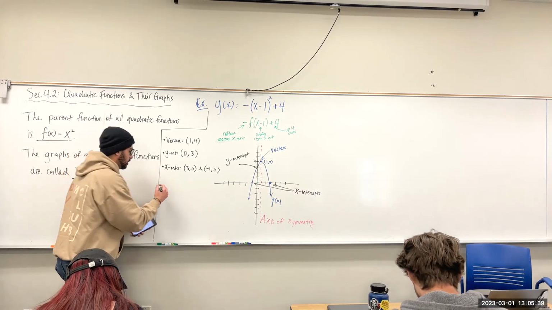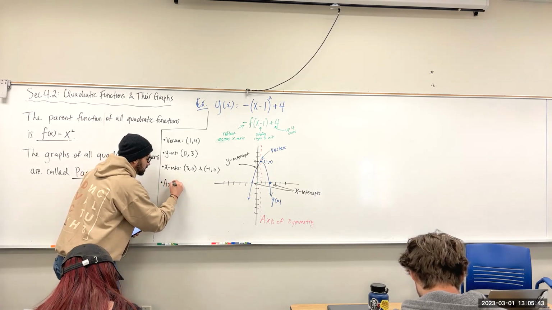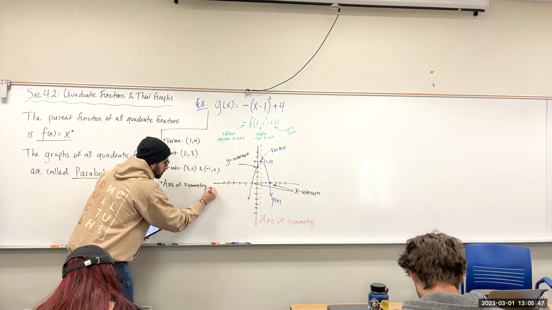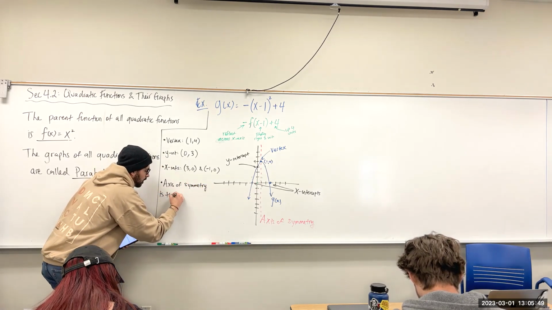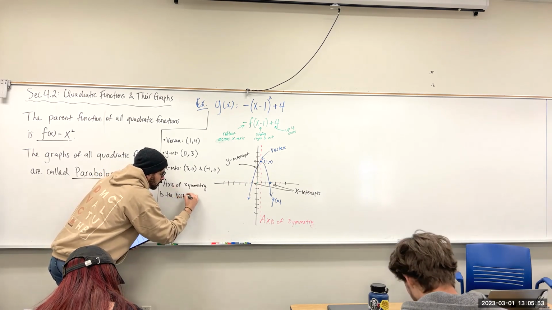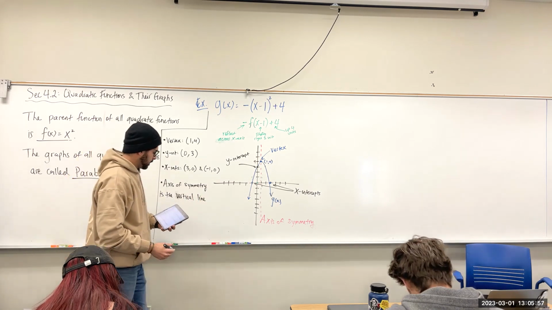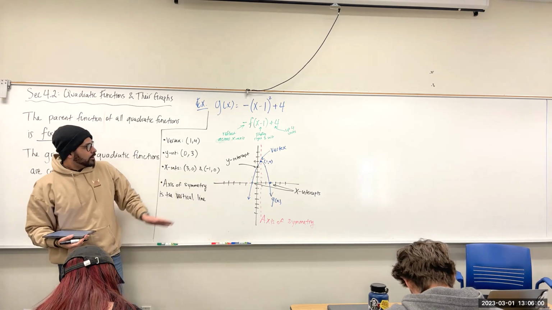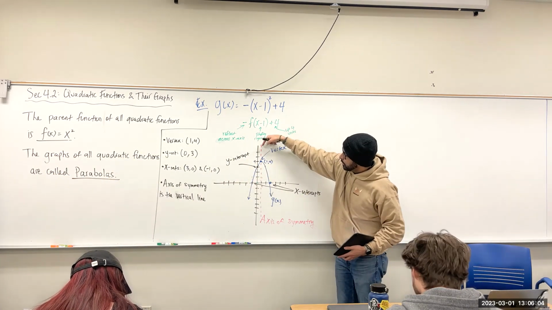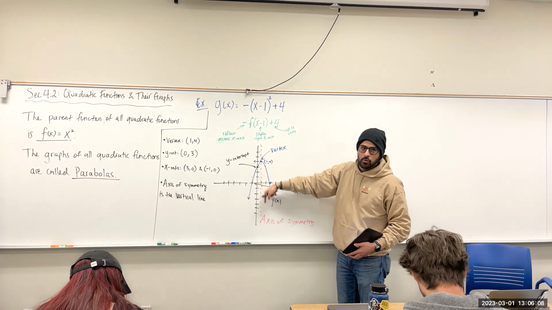And then here's another one. So in this case, the axis of symmetry is the vertical line. What are all the x values of this vertical line? 1.